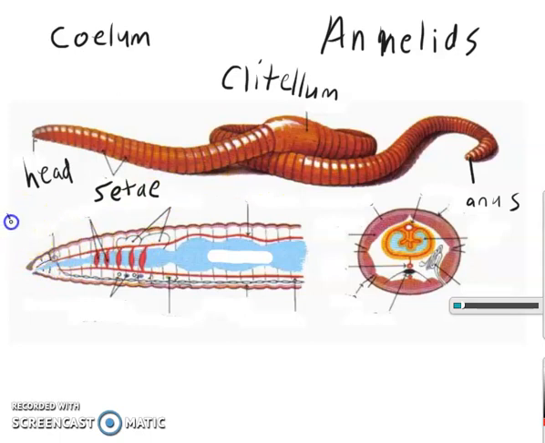And here the worm has a brain. These are 5 hearts, which is really unique to earthworms. 5 of them, pretty crazy. These here are the male reproductive organs.